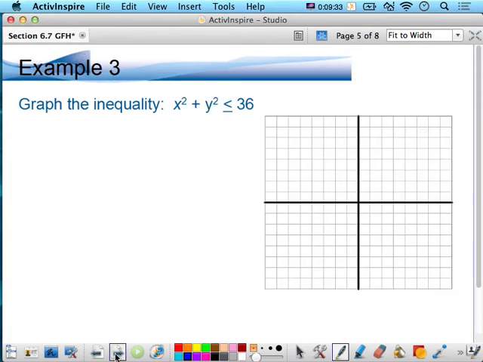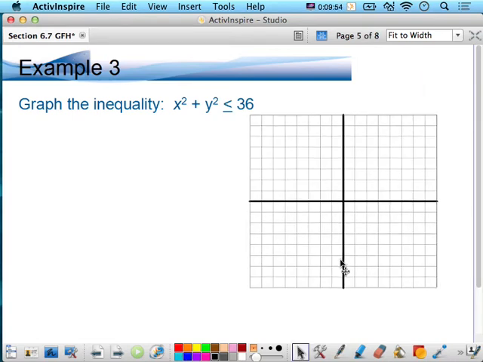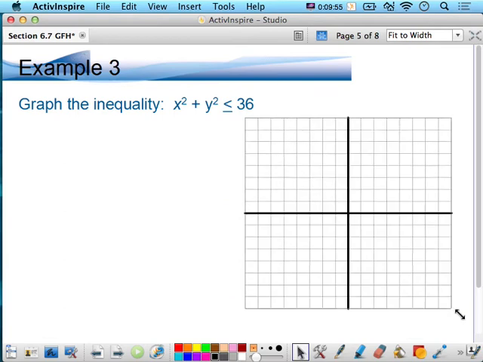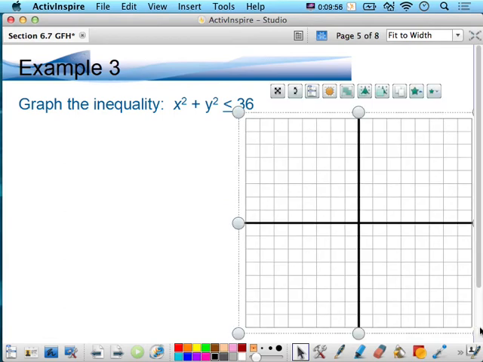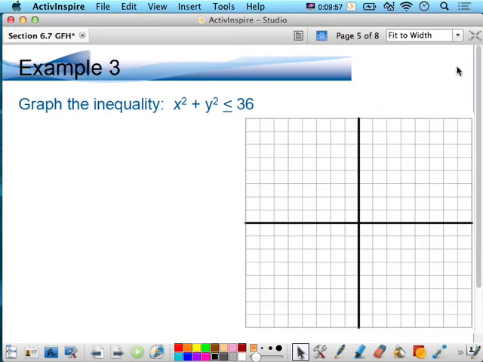So this is the first one we're going to look at where the inequality is non-linear. We have x squared plus y is less than or equal to 36. Well, here the situation is a lot different because it's not linear. If it were just x squared plus y equals 36, what shape would that be?